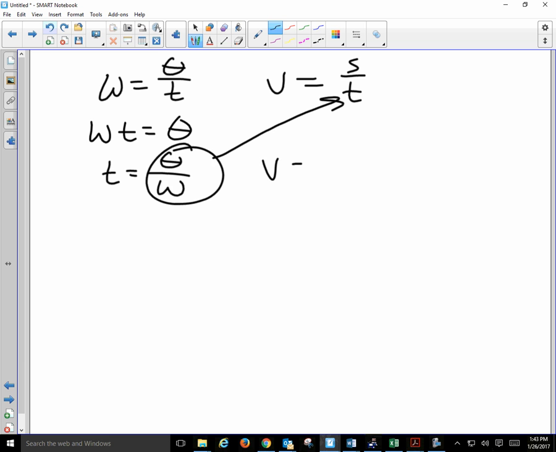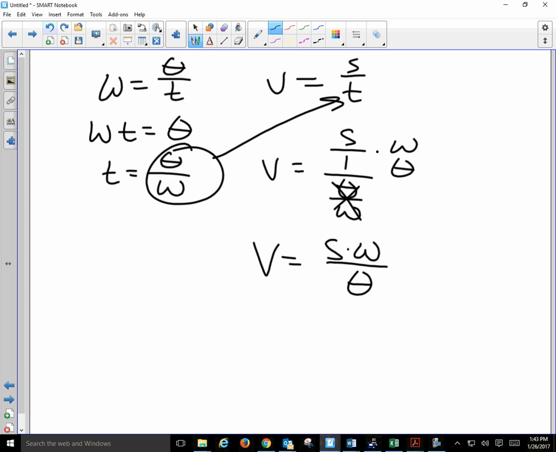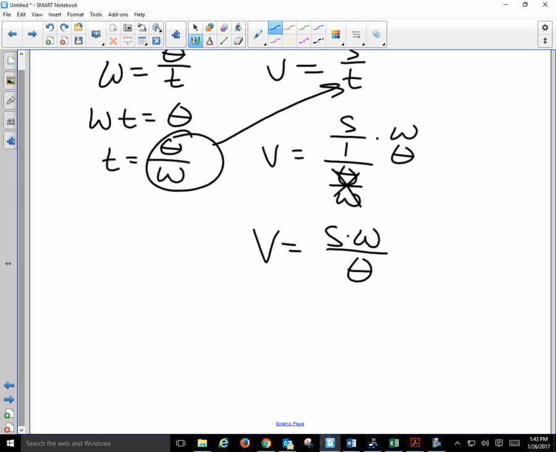I'm going to put that right there. Therefore, velocity is equal to s over 1 divided by theta over omega. What do you do when you divide two fractions? Multiply by the reciprocal. So I've got omega on top, theta on bottom. Velocity is equal to s times omega over theta. So you're like, well, that didn't help me at all. I still have to find s.